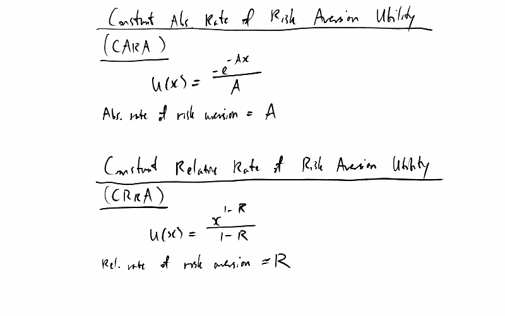These two utility functions both only have one parameter, which makes them very attractive. In this course, we usually use the absolute rate of risk aversion. The reason is it's easiest to use. It's really, truly easy to use. So that's what we use a lot of times, even though the CRRA utility is probably more realistic.